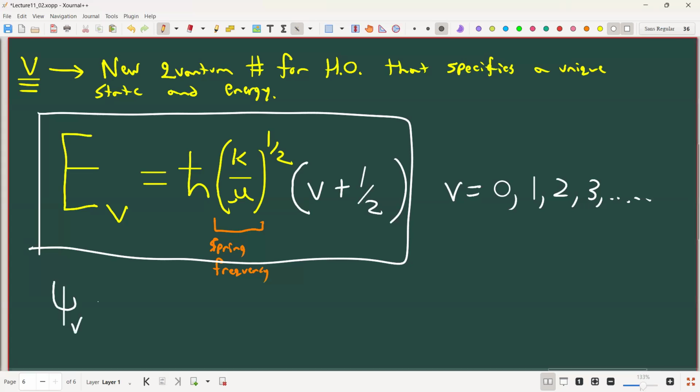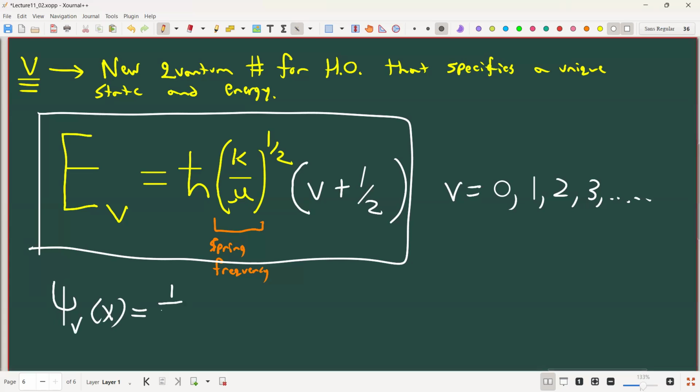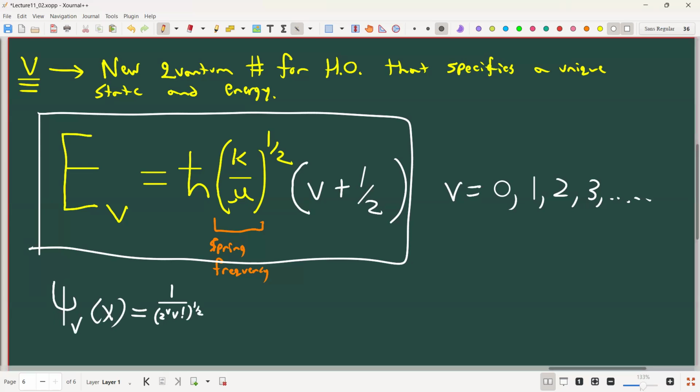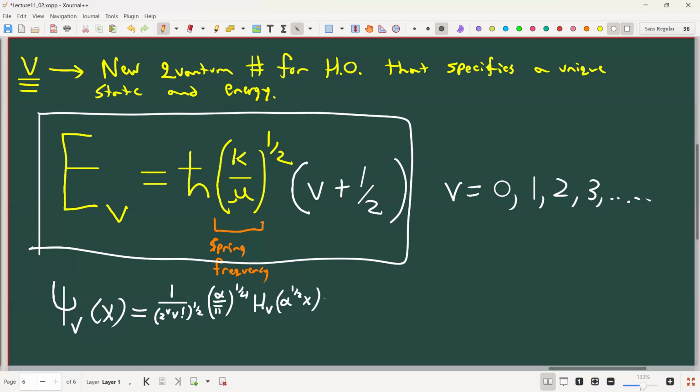And psi V of x, as we wrote before, I'll write it one more time: 1 over the square root of 2 to the V factorial, times alpha over pi to the 1/4, times H V of alpha to the 1/2 x, times e to the minus alpha x squared over 2.